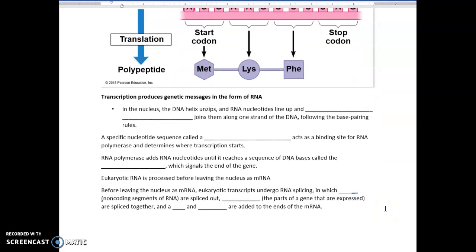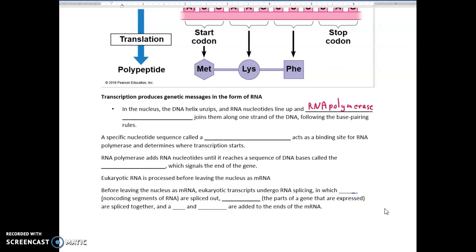Transcription produces a genetic message in the form of RNA. In the nucleus, the DNA helix unzips and RNA nucleotides line up, and the RNA polymerase joins them in one strand along the DNA, following the base pairing rules.